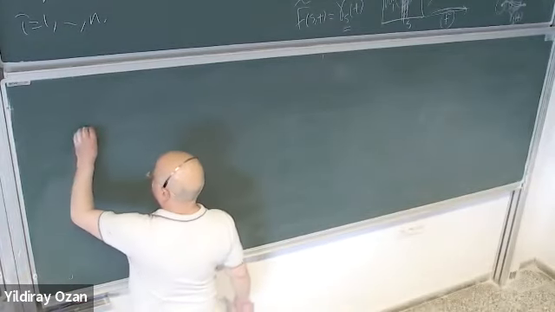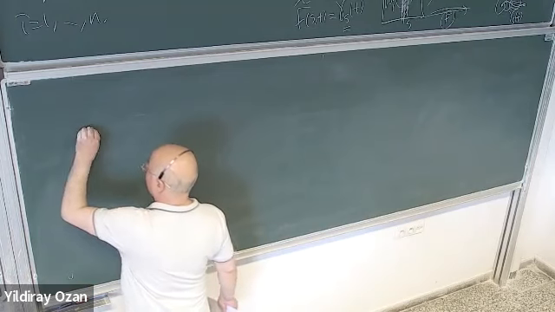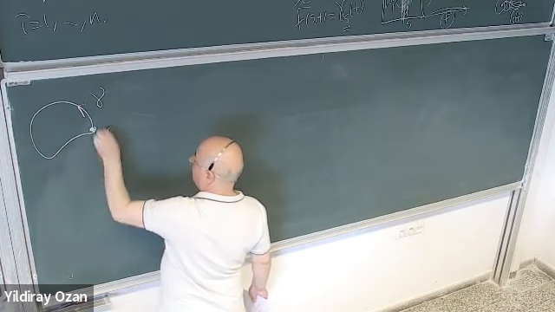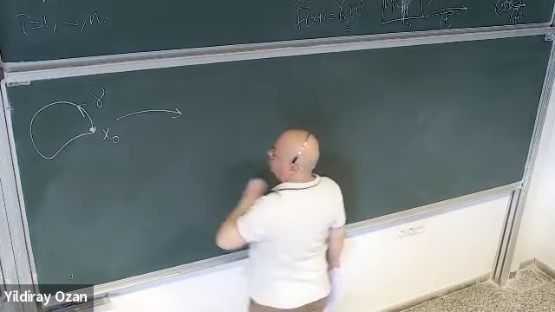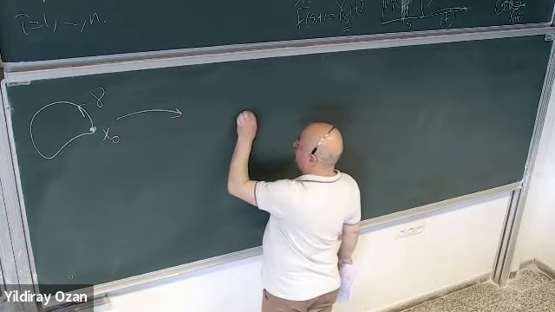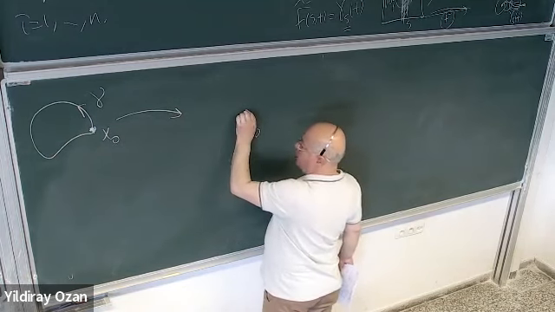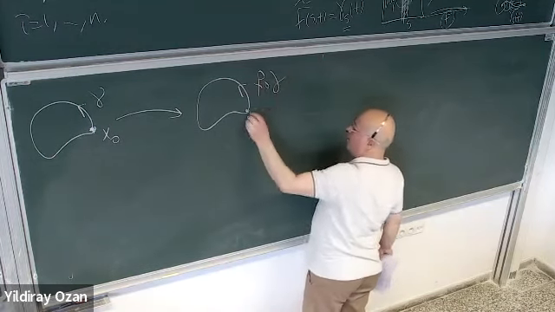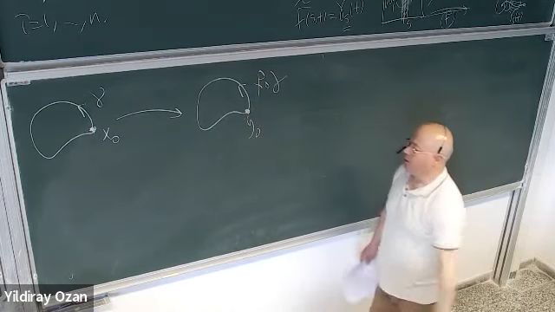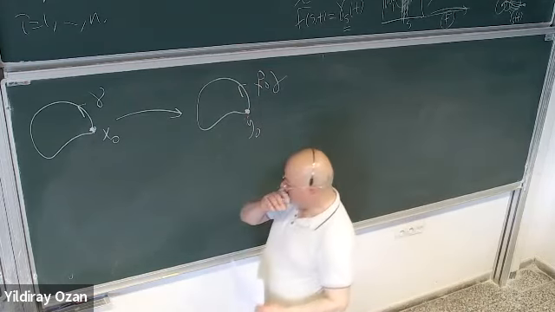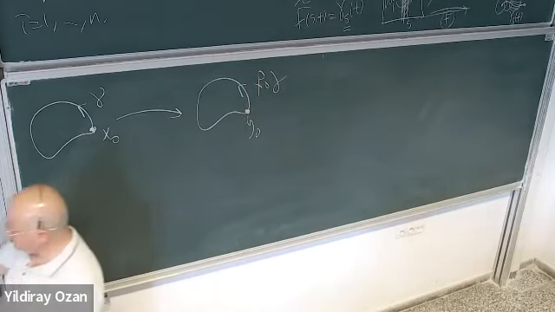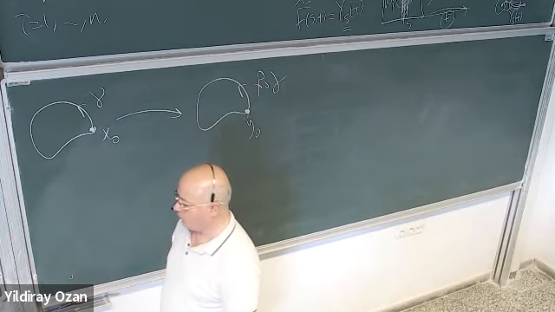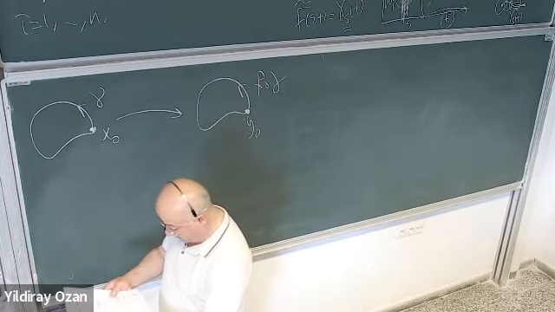Şimdi note that gamma is a path in the space x0, and x0 is mapped to y0. Therefore, F composition gamma is a path at y0. Of course, for this gadget to be a group homomorphism, we have to verify several things.